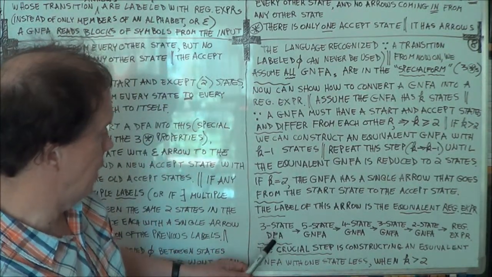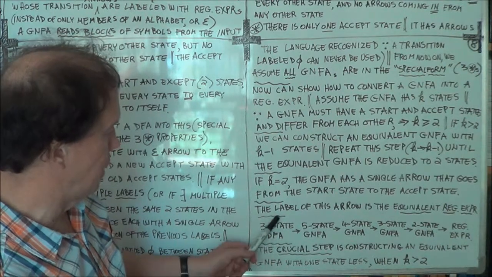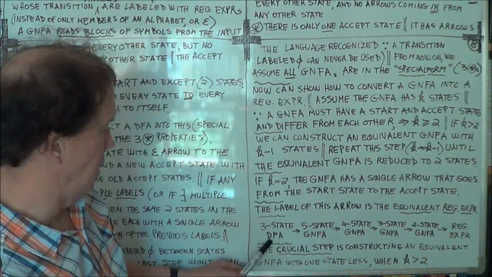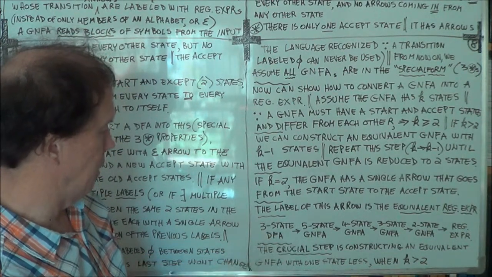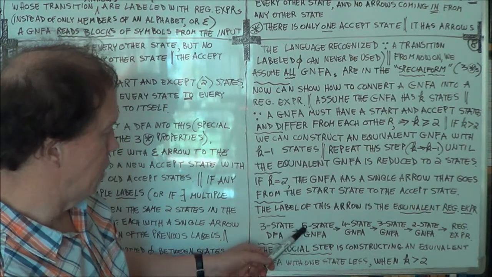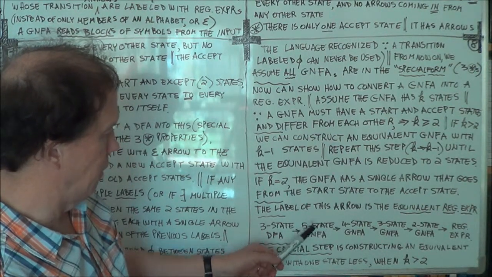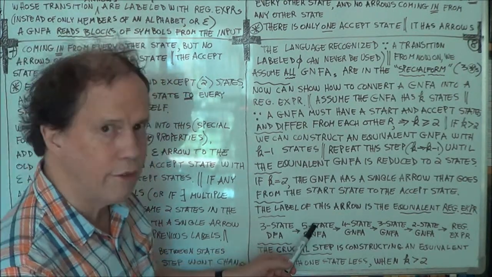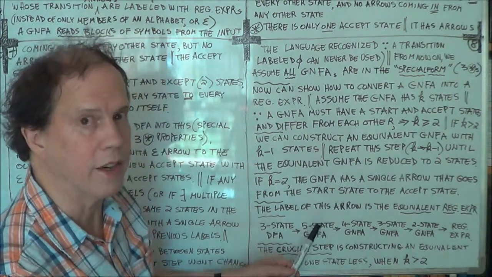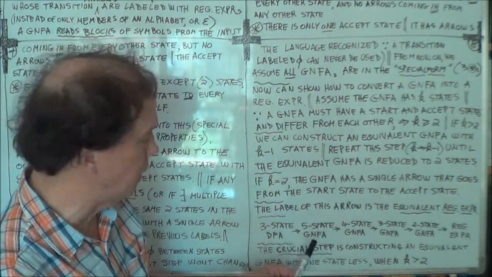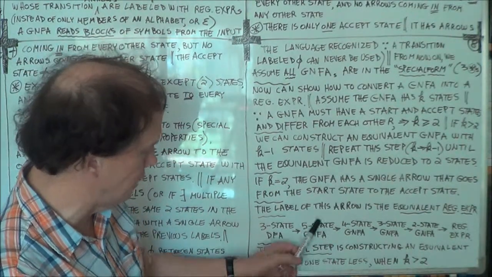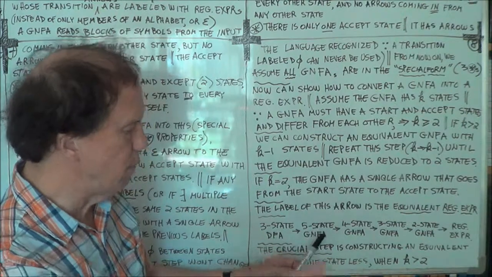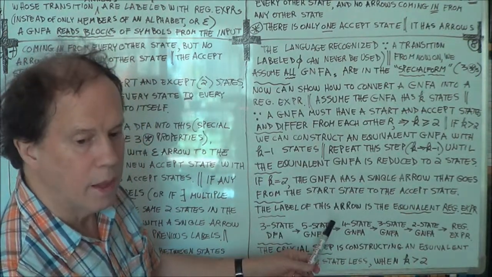Here's an example. Say you start with a 3-state DFA, and that will take you to a 5-state GNFA. Why 5? Because you added a start state and you added an accept state. So you've got 5 states in your GNFA, and then you rip out one state.